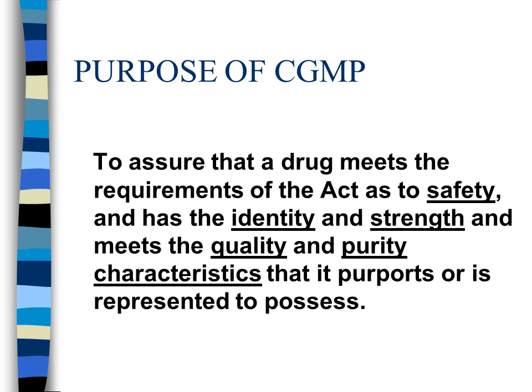The purpose of the CGMPs, current good manufacturing practices, is to assure that a drug meets the requirements of the Act as to the safety of the drug and has the identity and strength and meets the quality and purity characteristics that it purports or is represented to possess.